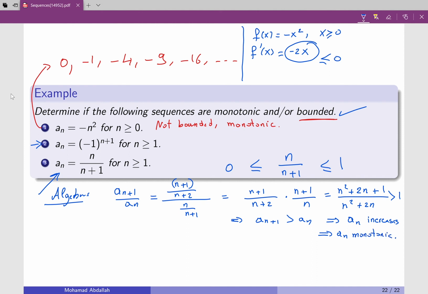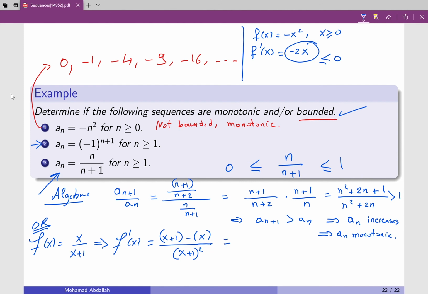Or if you want, you can use calculus. You can say, f(x) equal x over x plus 1. Then f prime of x, let's see what's f prime of x. Using quotient rule, the derivative of the top is 1 multiplied by x plus 1, so x plus 1 minus x, over x plus 1 squared.